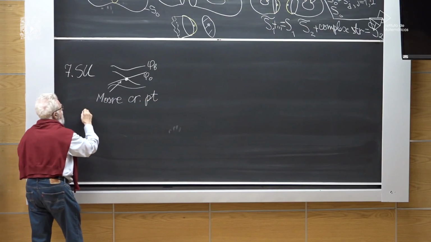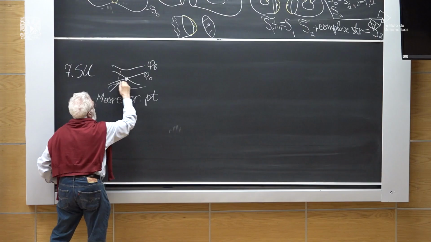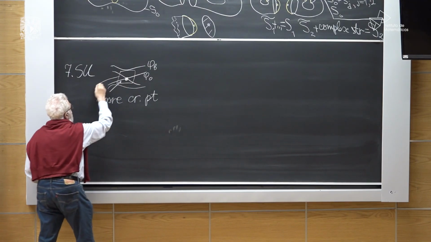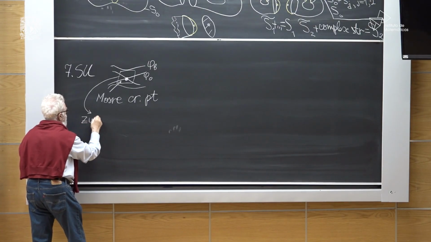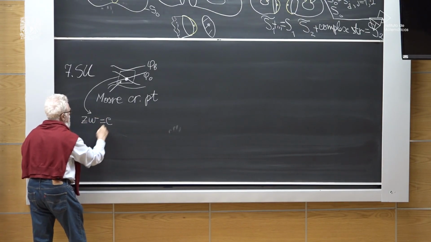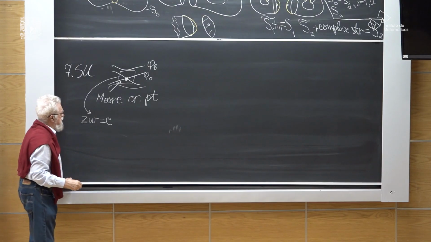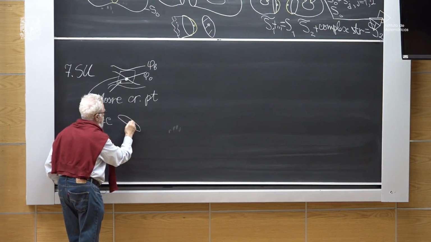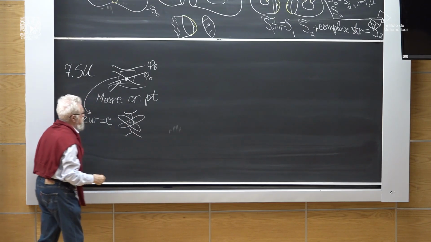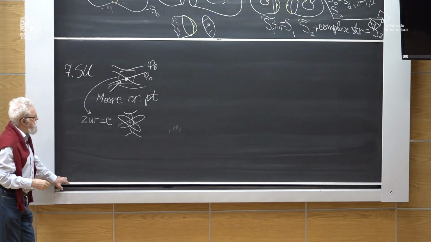That is, by the Morse lemma, you have a neighborhood where the foliation is biholomorphic to this simple foliation. Two intersecting complex lines in the case of c equals 0, and complex cylinders otherwise.